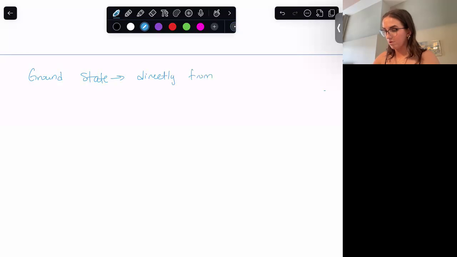Yeah, great question. So when we're looking at ground state electron configurations and excited state, ground state, you can say that this is directly from the periodic table.